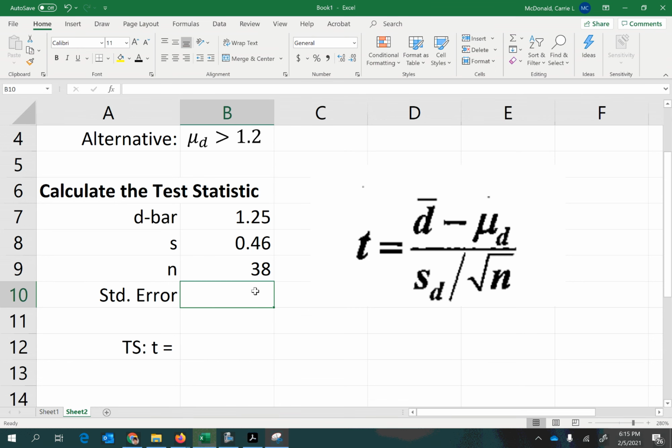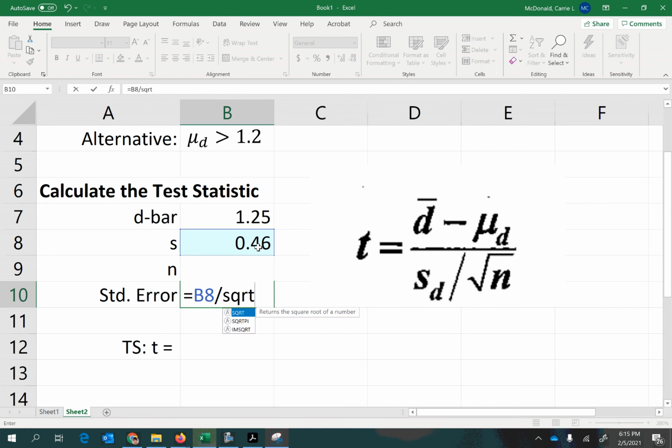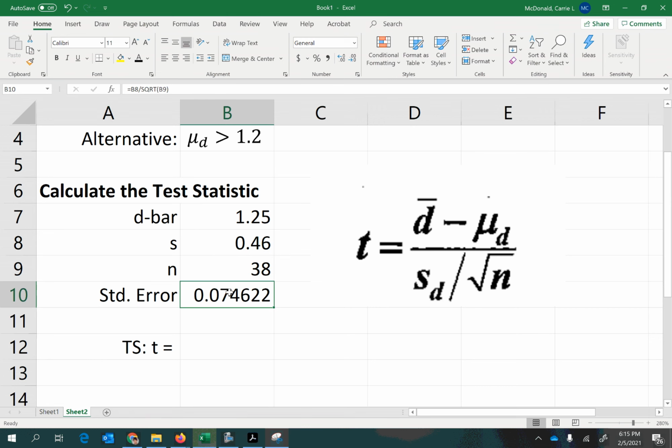And we can calculate the bottom portion ahead of time so that it's easier when we go to do the big formula. So I'm going to do the bottom part: the sample standard deviation divided by the square root of n, which is 38, and is stored here in cell B9. So I'm just going to type that in, B9. All right, so there's my standard error.